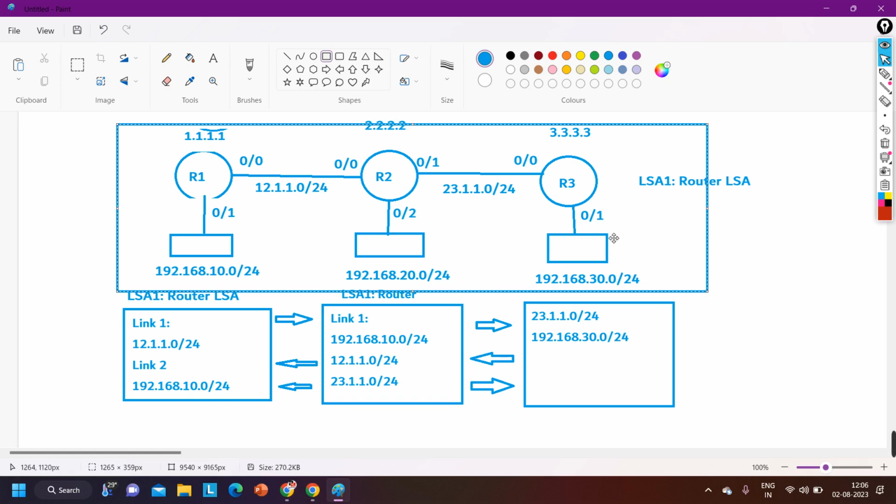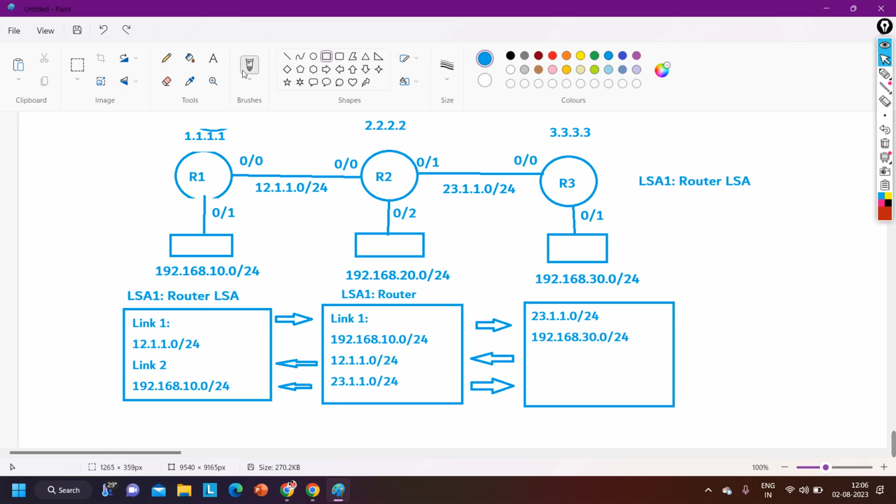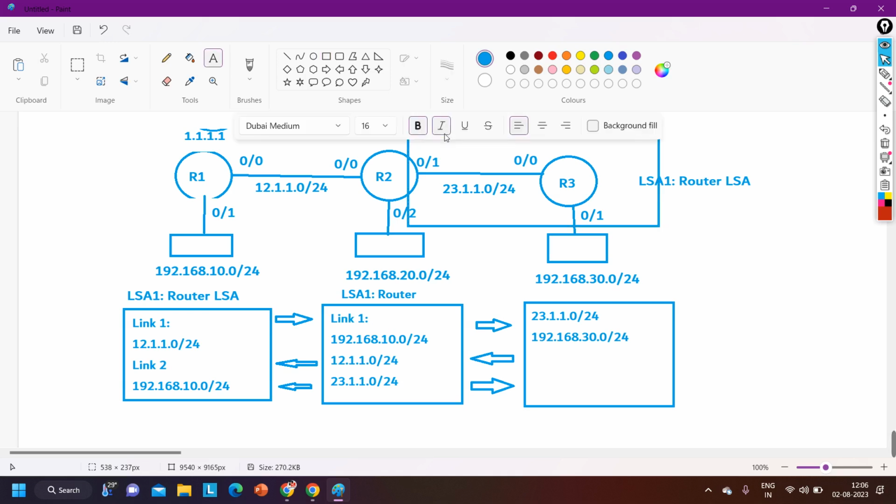Let's say on router number 3, I am running OSPF area. This is OSPF area 1, and this is OSPF area 0 or area 2, any other area 2.